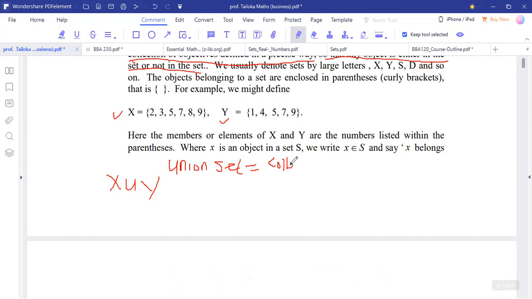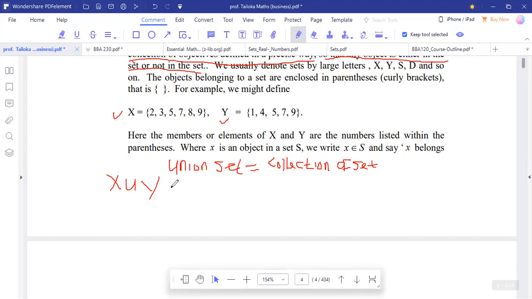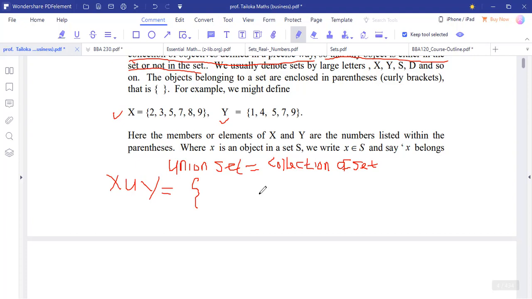Now the union means they're asking us to find the combination of these events or sets that we have, for X and for Y. So from here, what is found in these two sets is what we call the union set. The collection of sets is a union set.